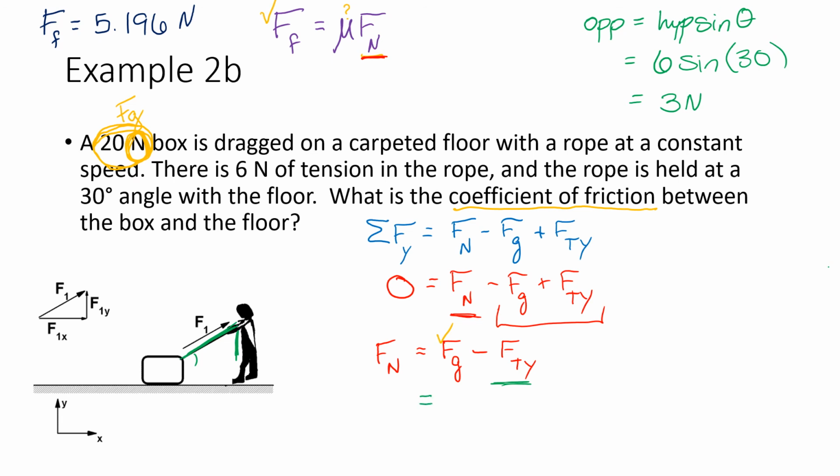So over here we have 20 minus 3. So our normal force is 17 newtons. But do you see, that can make a big difference in your calculations and whether you get the question right or wrong. And it can also make it really simple sometimes, depending on what we've given you.